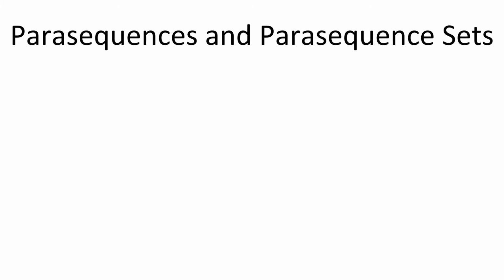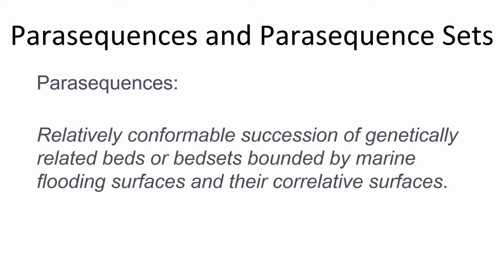So let's talk a bit about parasequences and parasequence sets, because these are the components that make up our system tracts. A parasequence is defined as relatively conformable successions of genetically related beds or bed sets bounded by marine flooding surfaces and their correlative surfaces.